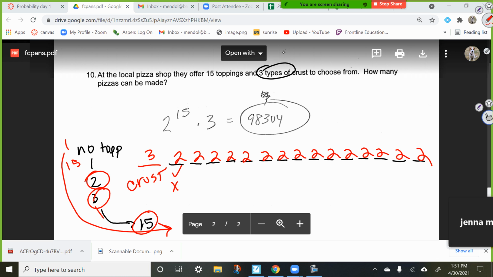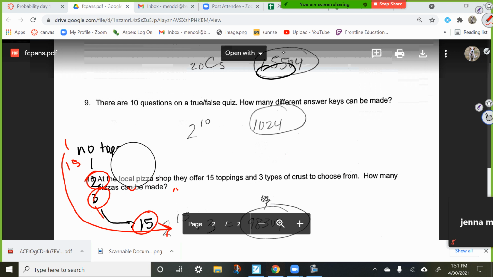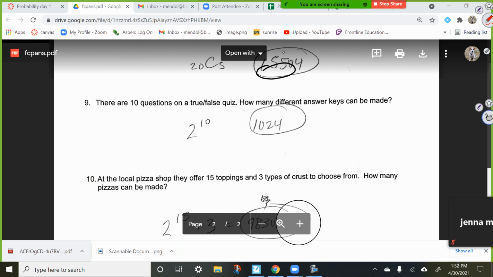Okay? Could you go over 9? 9, yeah. So number 9, Jenna, exact same thought, right? If I have 10 different questions, each of them could either be true or false. So there's 2 options.